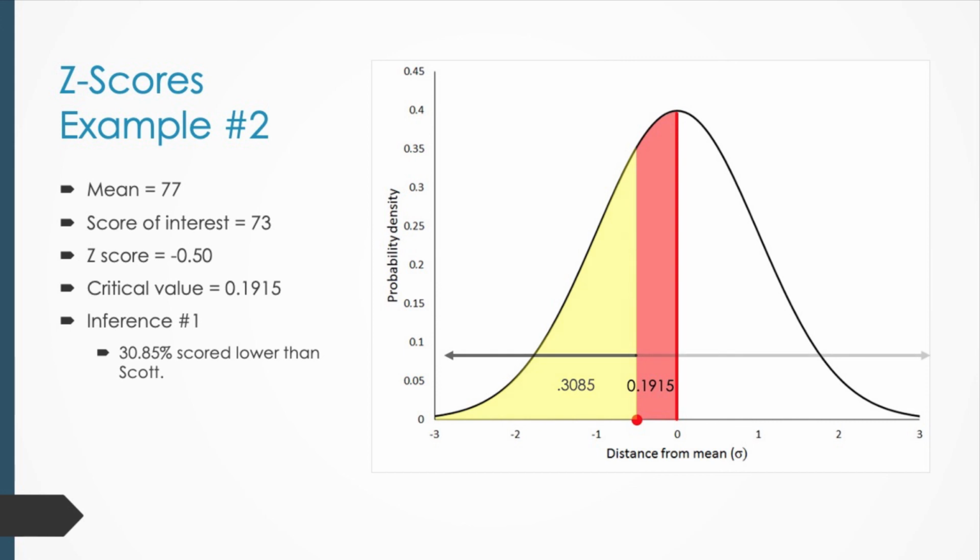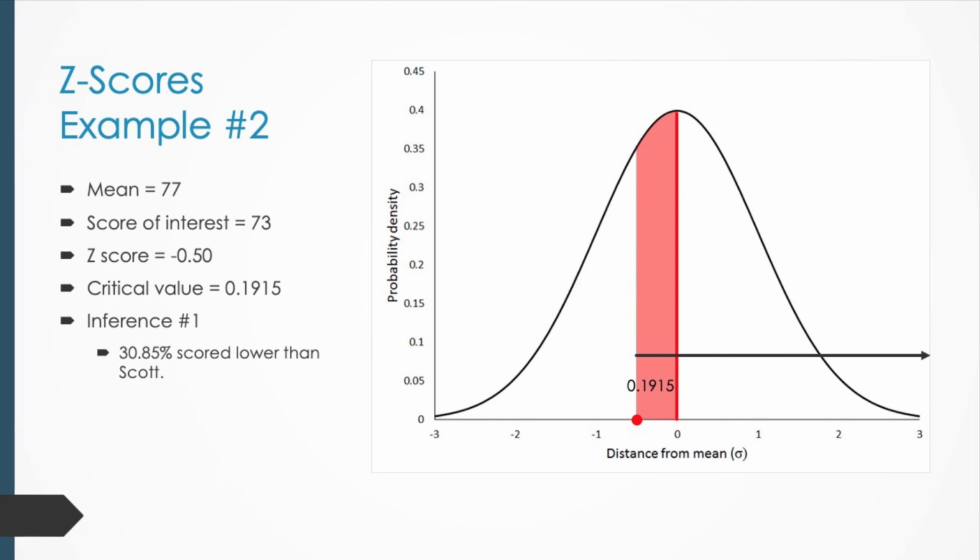But we also want to know what percentage scored higher than Scott. And again, as you get more experience and practice doing this, it's all just going to come together really quickly for you in your mind. So we know that, again, 50% of observations are to the right of the mean, but we know that Scott is also lagging behind. His score is under the mean.